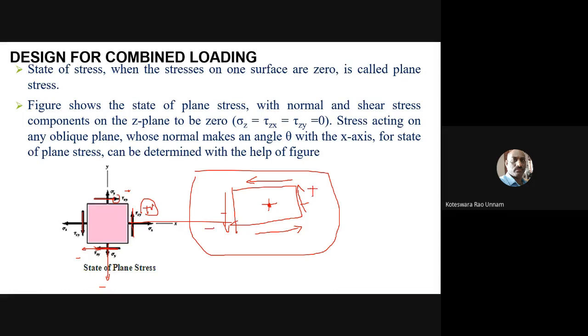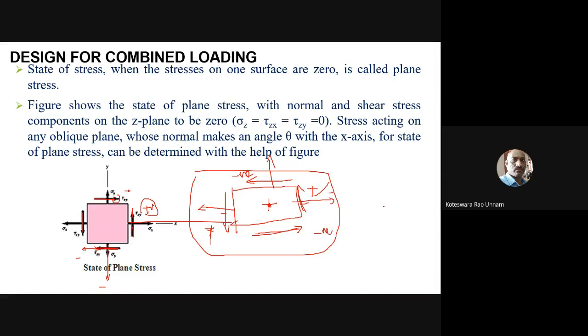This is also positive because this is a positive outer normal direction and it is acting in the positive direction. Here, negative outer normal direction and negative direction, so this is also positive. But here the outer normal direction is positive, but the stress is acting in the negative direction, so it is negative. Here the outer normal direction is negative, but the stress is acting in the positive direction, so this is also negative. So these two are positive and these two are negative.